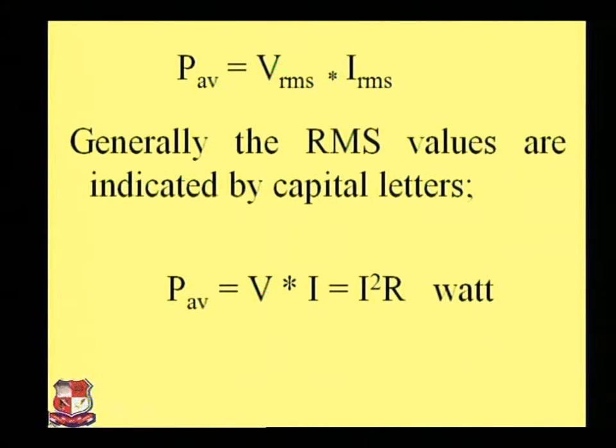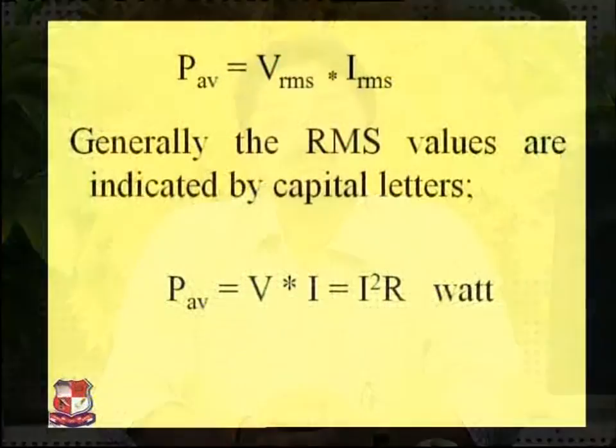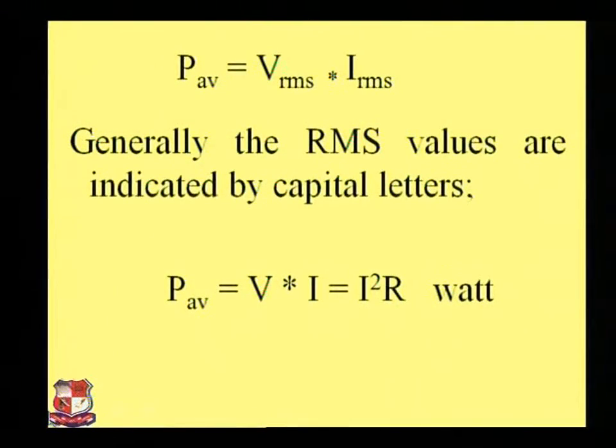We know that Vm by root 2 is nothing but the VRMS value, and Im by root 2 is nothing but the IRMS value. So substitute the values of VRMS and IRMS into the equation of average power. You get PAV equals VRMS instead of Vm by root 2, and IRMS instead of Im by root 2.